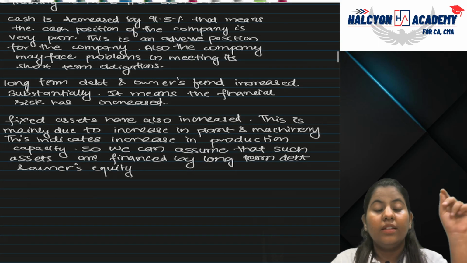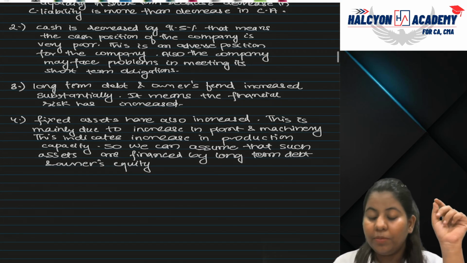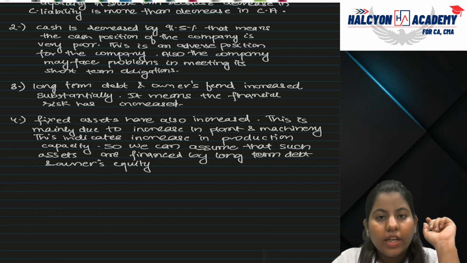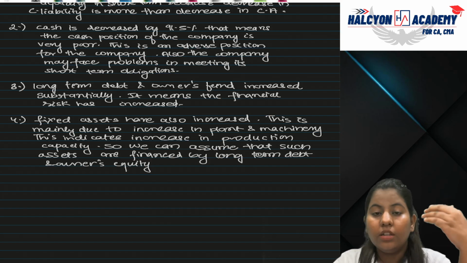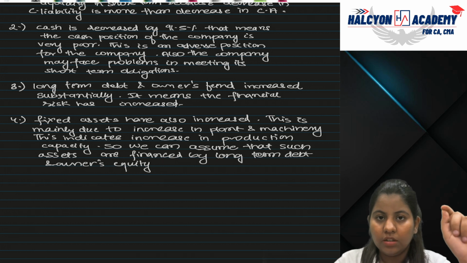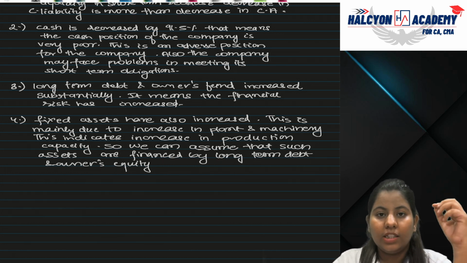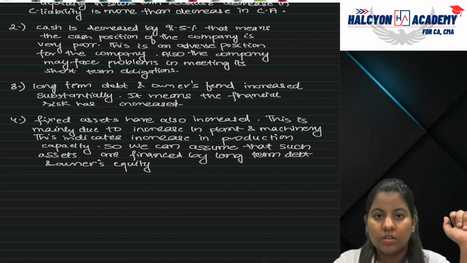See, there is increase in long-term debt also and owner's equity also. So can we assume that they have taken the loan, they have borrowed the money because they have to buy the fixed assets, that is plant and machinery and furniture? Can we say that? We can assume that, right?